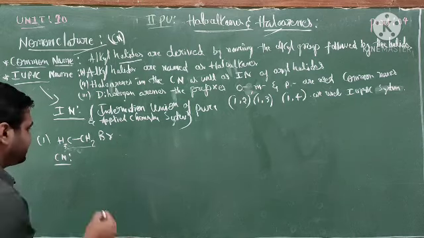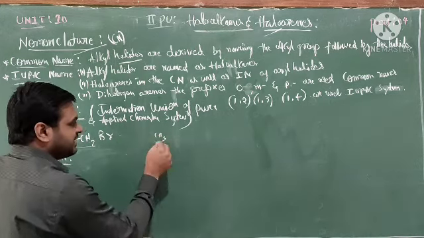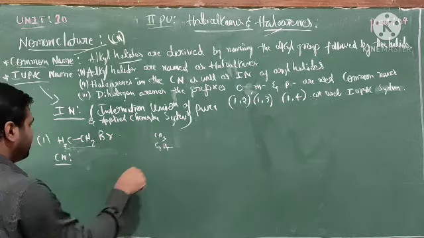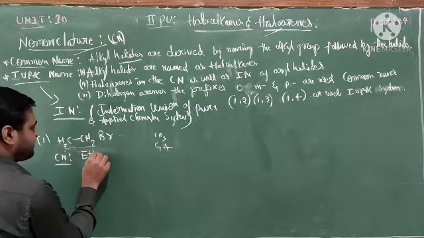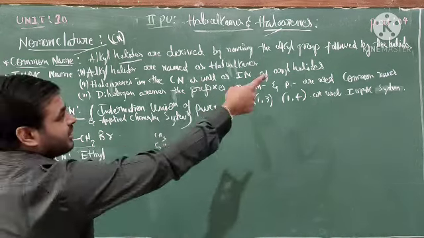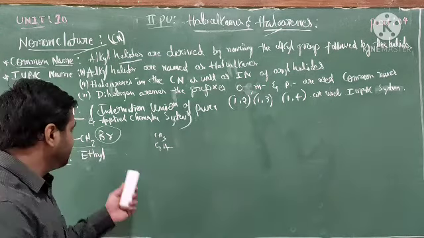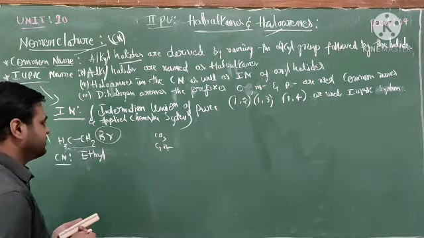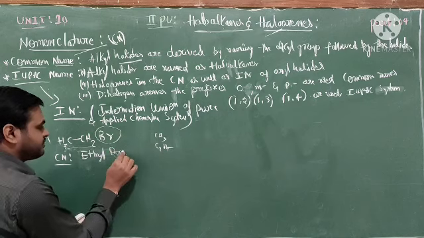C2H5 means ethyl, just as CH3 is methyl, then propyl, butyl. Followed by the halide. Which one is the halide? Br is the halide group, bromine, so you write bromide.